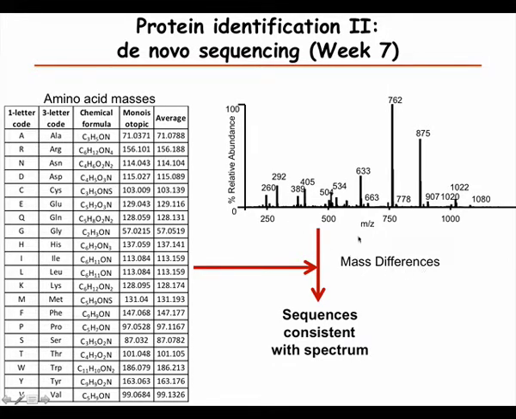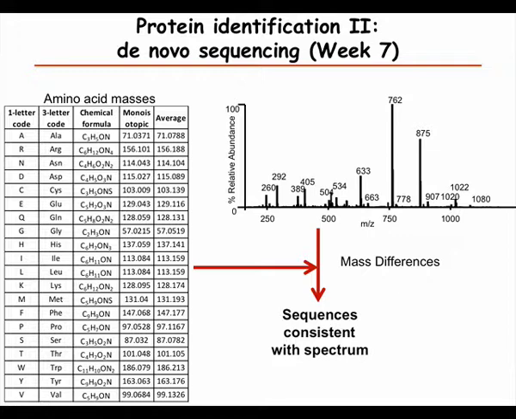Then we look at the mass differences in these spectra and try to match them with the different amino acids, and come up with sequences that are consistent with the spectrum, and preferably all the sequences. Preferably we want one sequence, but often we have missing information.